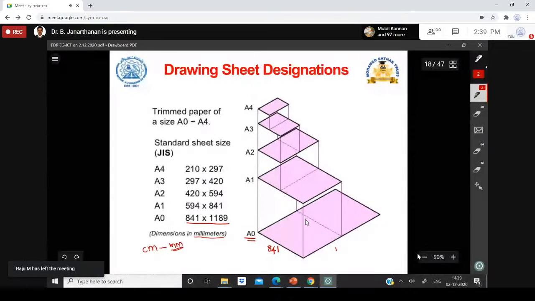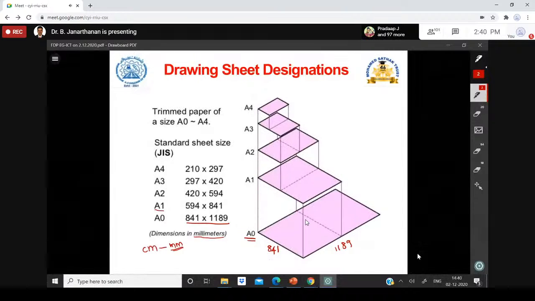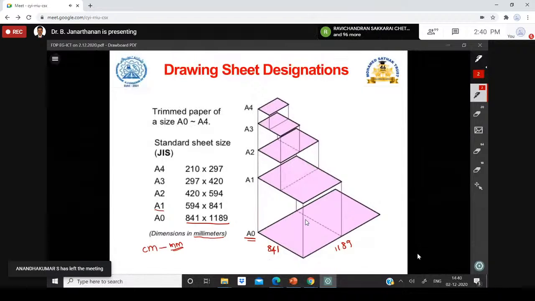When you divide this into 2, you will get the size of A1. If you divide this into half, you will get 2 A1 size drawing sheets. So it is very easy now. This size is the same, 841, and now this is divided into half.